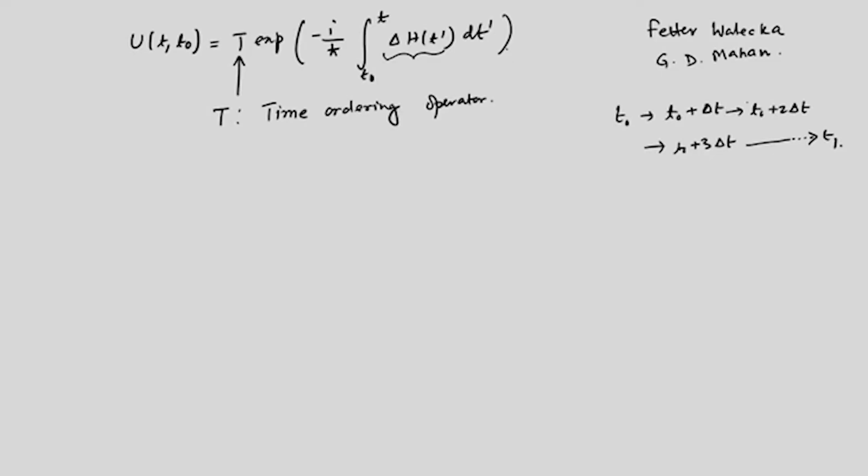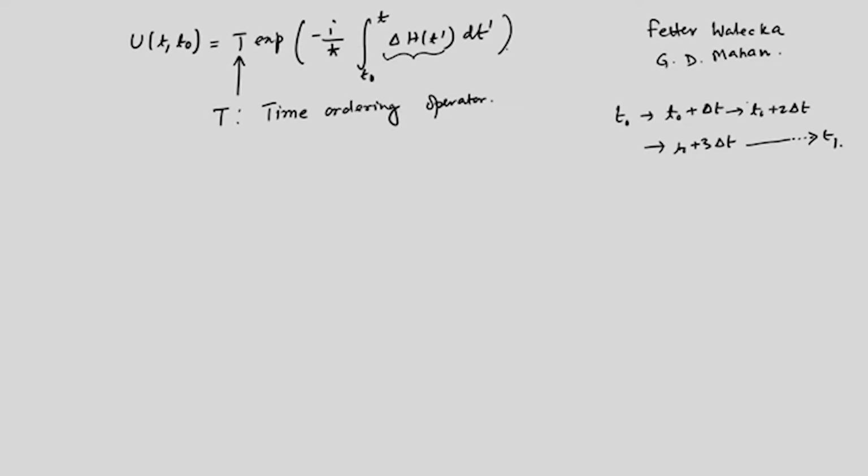Then the problem is much simpler. And because you have a time dependent problem which explicitly depends on time, you need to keep track of the way they are occurring. So this is the time ordering operator that you come across. Okay.